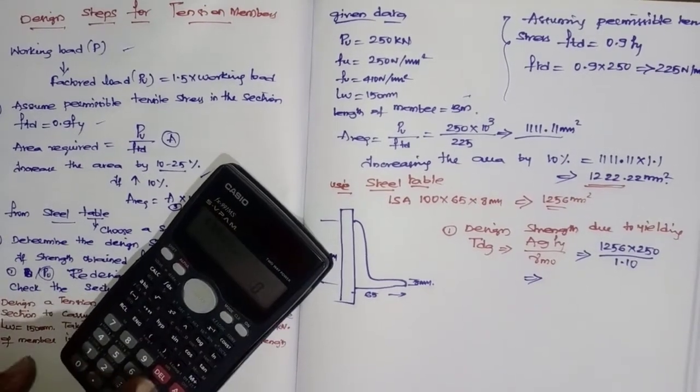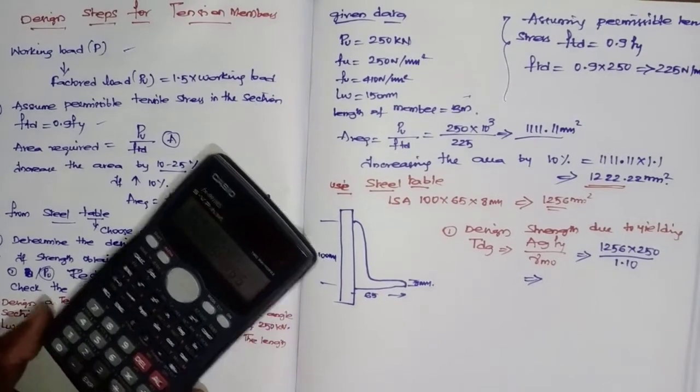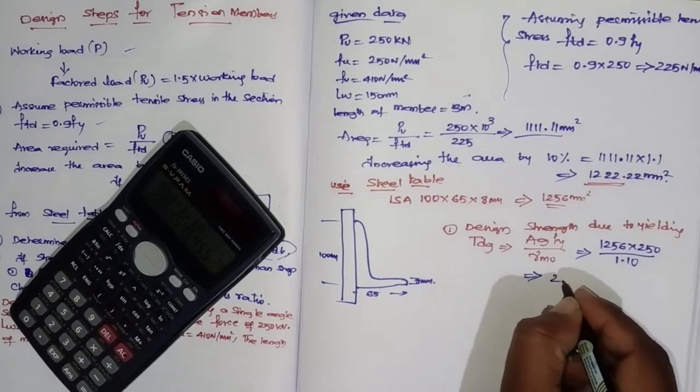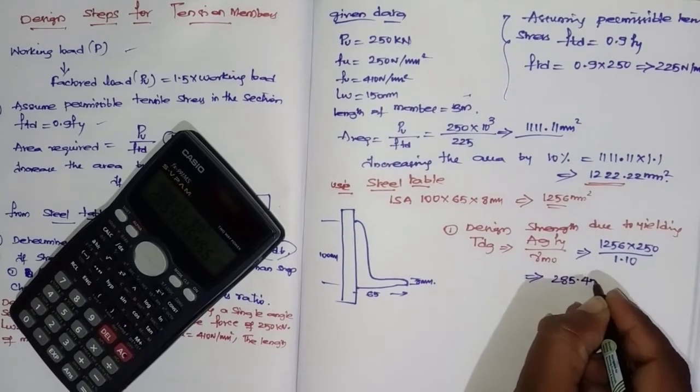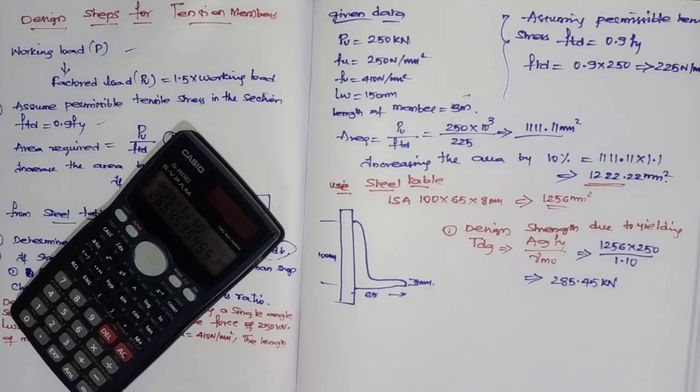So 1256 into 250 divided by 1.10, you get 285.45 kilonewtons. This is due to gross section yielding.